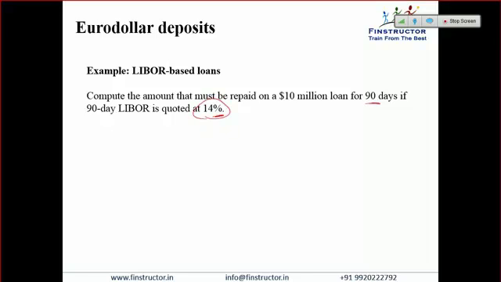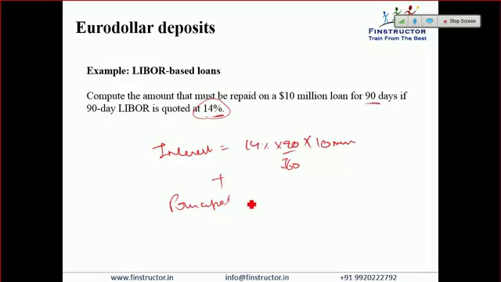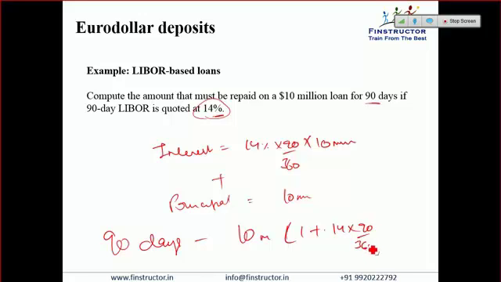That means the interest part will be 14% into 90 by 360 into 10 million. And of course, you have to return your principal that was equal to $10 million. So at the end of 90 days, the total money that you will pay will be 10 million into 1 plus 0.14 into 90 by 360.